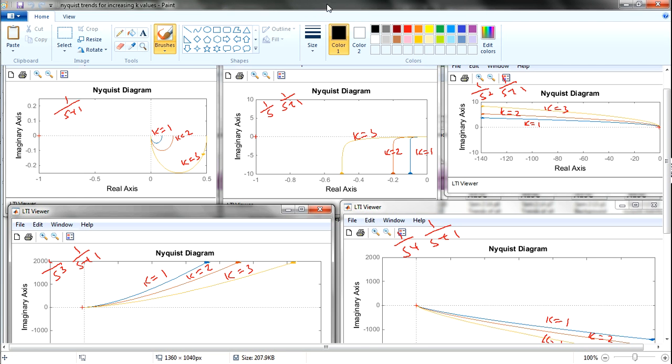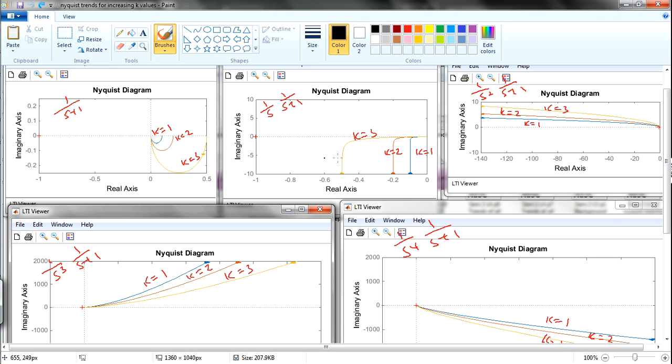So as you can see, the trend itself is pretty straightforward. It comes in from higher places, with a large degree, a large turn.